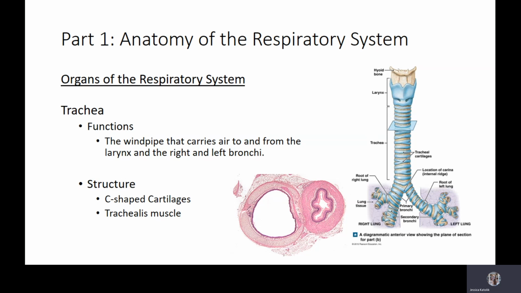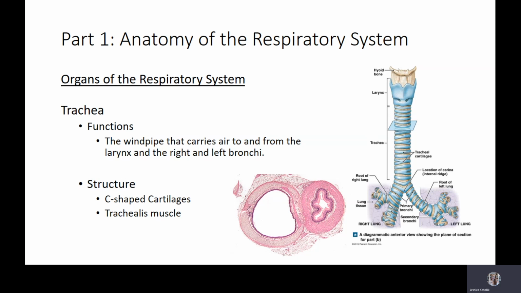The reason why we need cartilages within the trachea is because when we breathe out, we actually create a high pressure system within our thoracic cavity. And if these cartilages were not present, the airway would actually collapse, because the ligaments aren't strong enough to hold the trachea open.